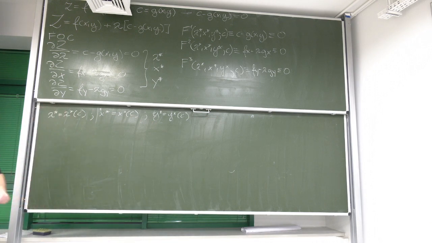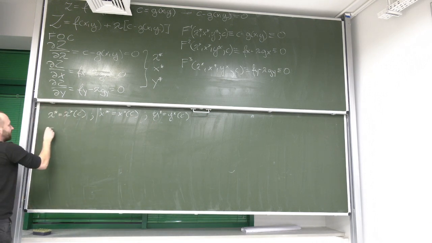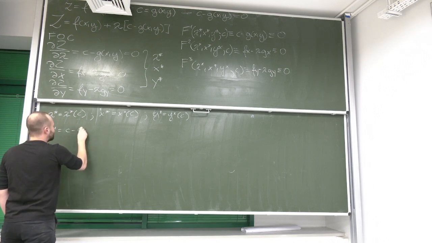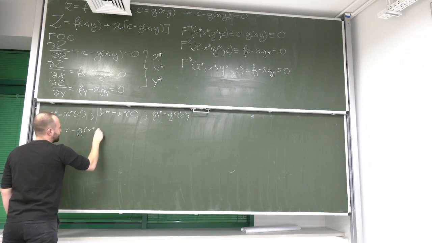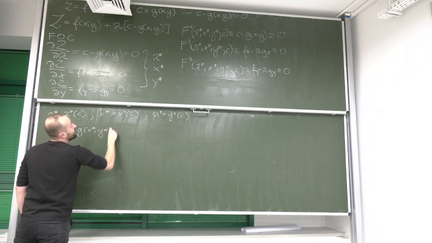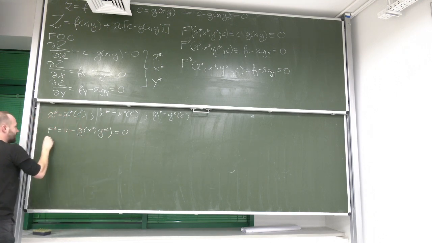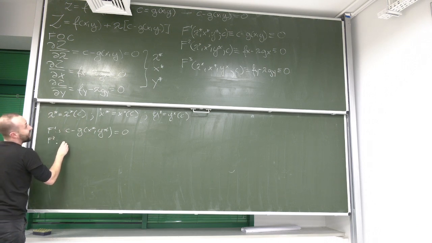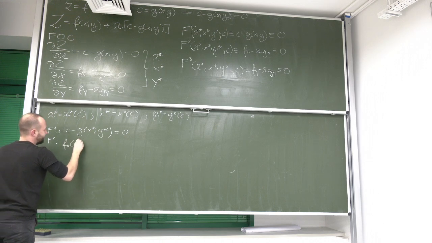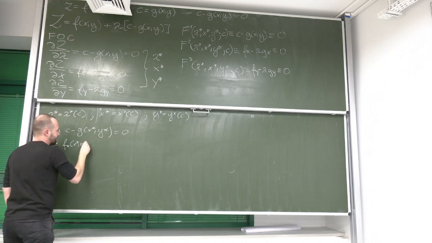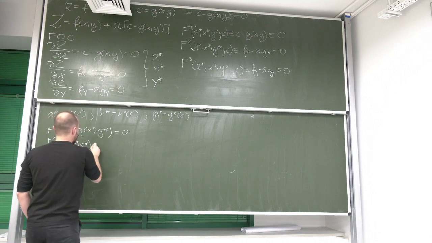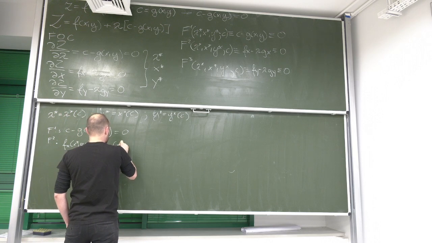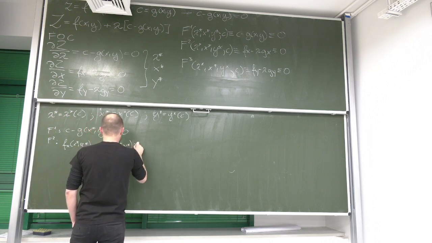So we would have the first equation. Now we go C minus g(x*, y*) equals 0. F2, we would have f_x as a function of x and y minus lambda* g_x as a function of x and y.